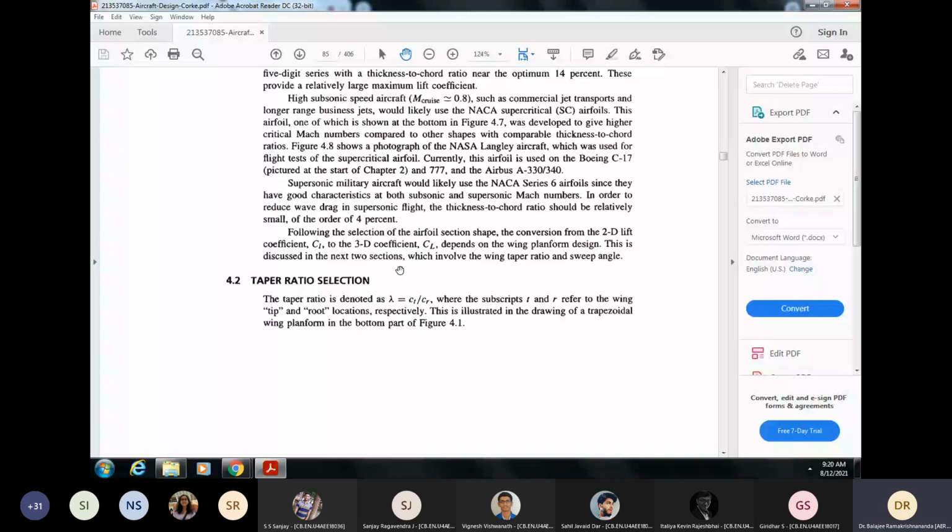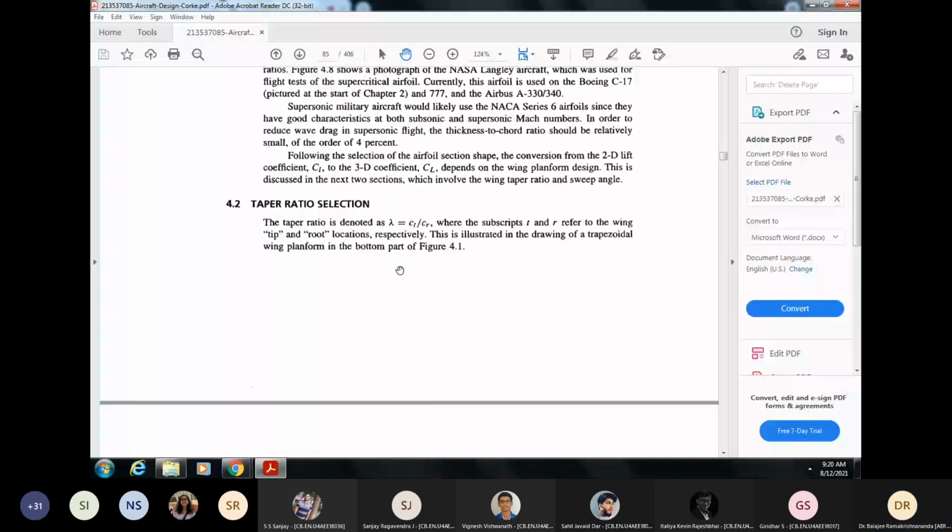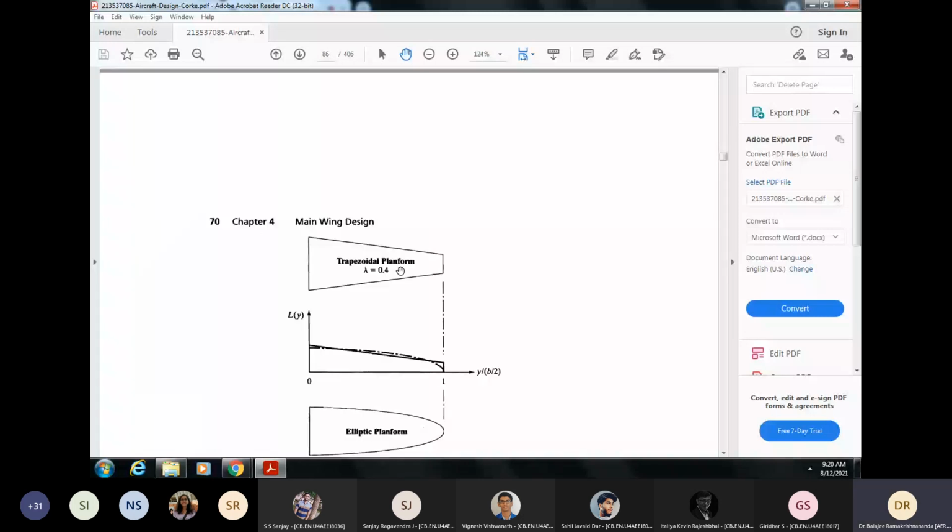Now, how to choose the taper ratio? Generally, for most subsonic designs, you take a taper ratio of 0.4 because that is closest to an elliptic distribution approximation. So people generally tend to use that.